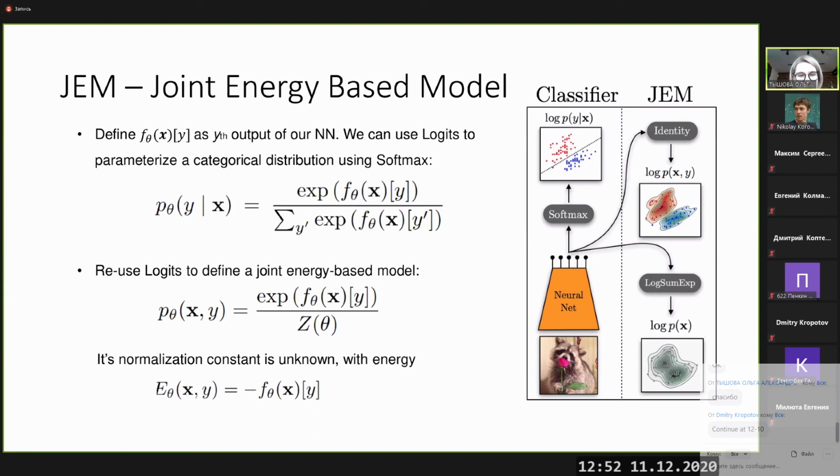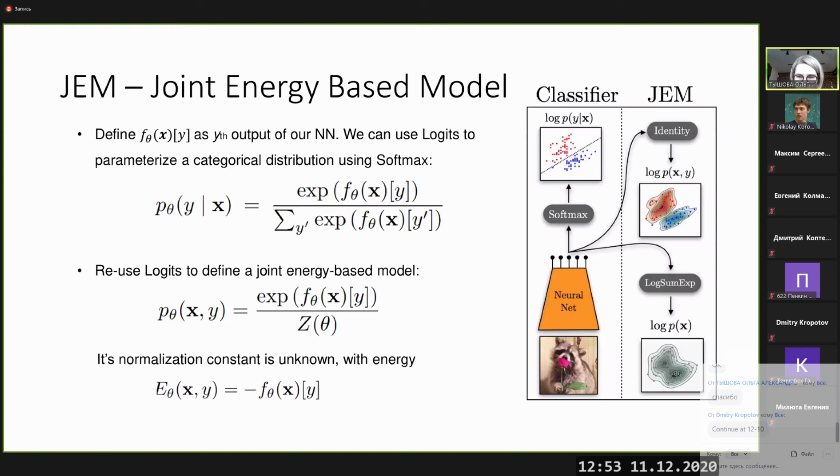This normalization constant is now really hard to compute, because before we could compute the denominator, since x was a fixed constant and we could just sum over all values of y. This time x becomes a variable, and that is why the Z of theta cannot be computed.